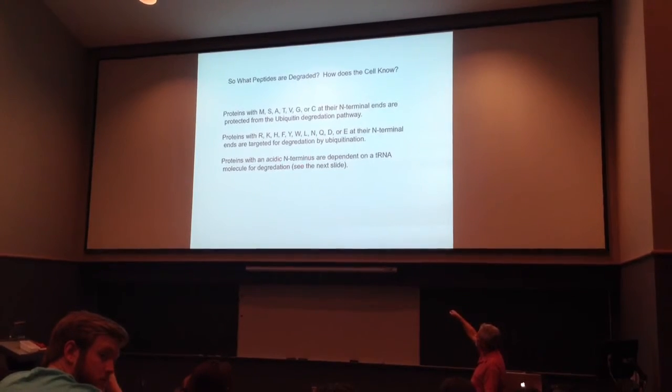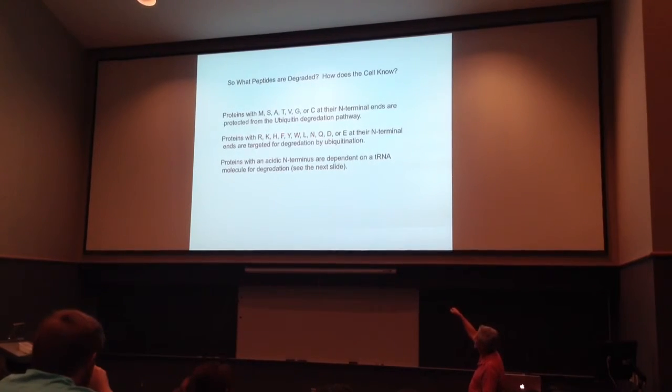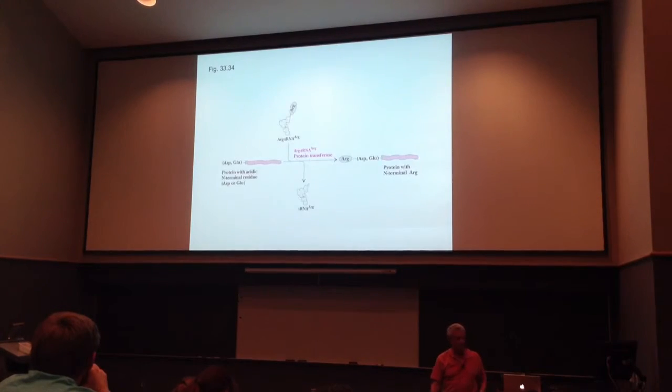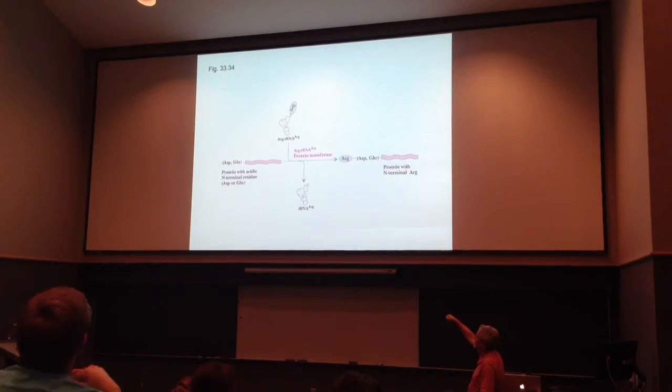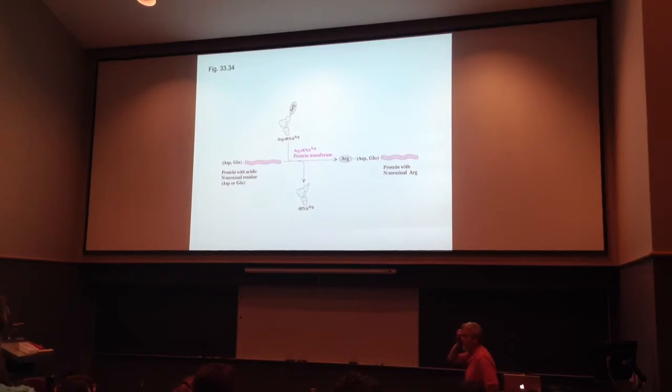The acidic amino acids, you notice these are basic and acidic, first have to be targeted by another ligase and by an enzyme which actually puts an arginine residue onto the end of these. So if there's an aspartate or glutamate on the amino terminal end of a protein or a peptide, that protein's been damaged, it's non-functional.